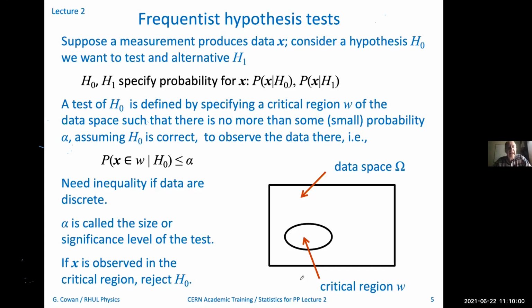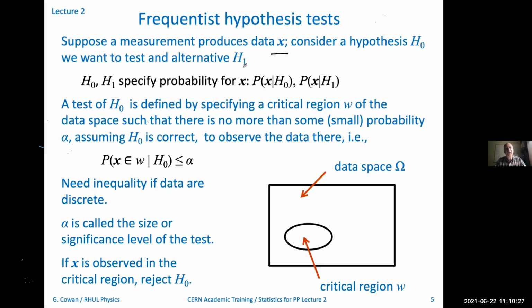And so what's the setup? Let's suppose that we're doing a measurement, and the measurement results in some vector of data that I'll call vector x. It could be a single number, it could be a large collection of numbers. Now let me consider a hypothesis H0 that I want to test. And I also want to consider an alternative to H0 that I will call H1.